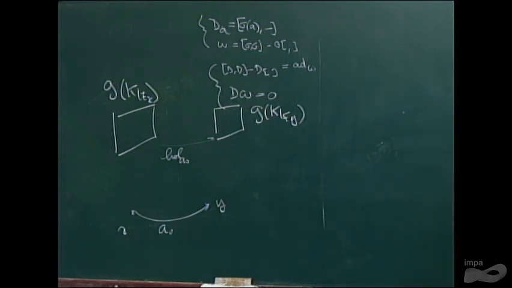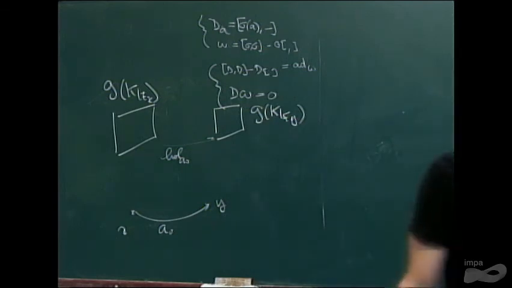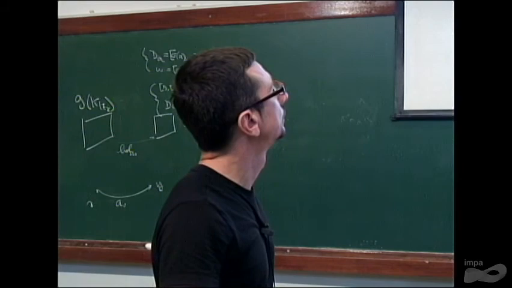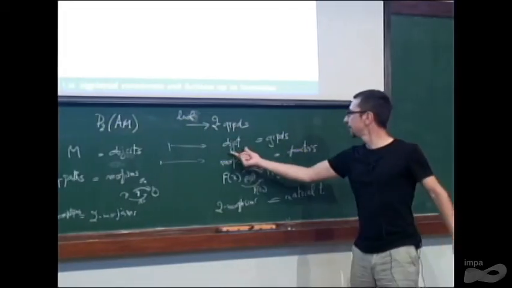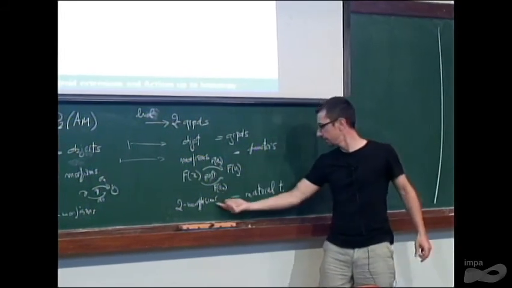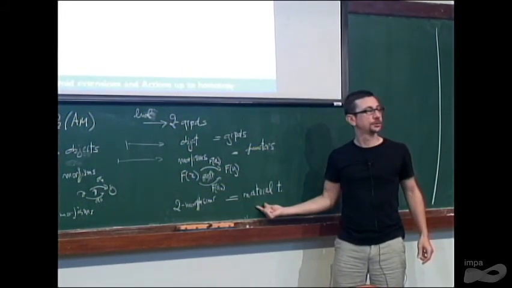Sorry to interrupt, but here I struggle to understand the right side. Isn't it a 2-category of groupoids? No, we are going to give one groupoid. Yes, 2-groupoids: objects are groupoids, morphisms are functors, and natural transformations.